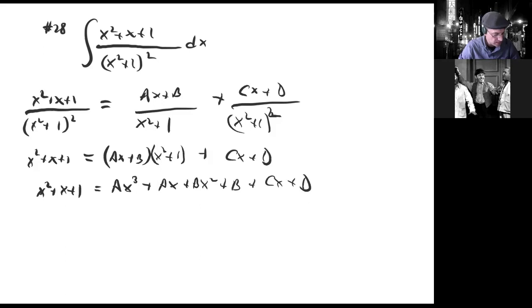Well, let me combine the like terms. ax cubed plus, what's the factor of x squared? It's bx squared plus a plus cx plus d.